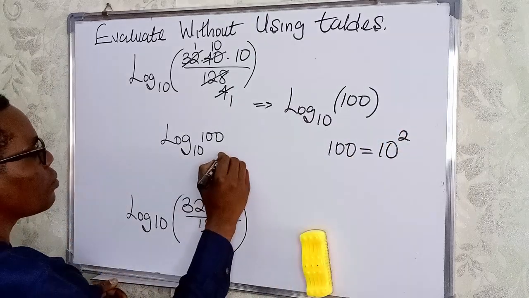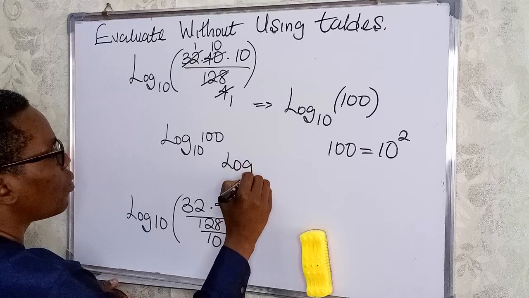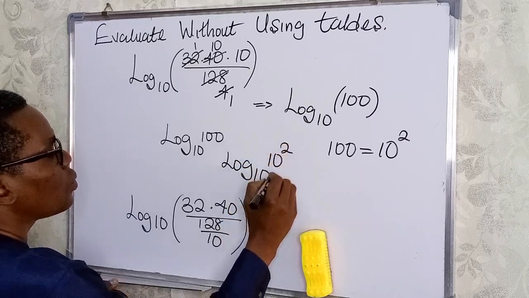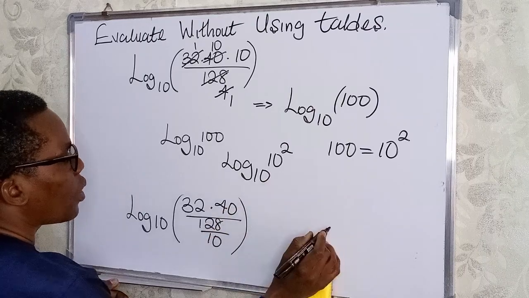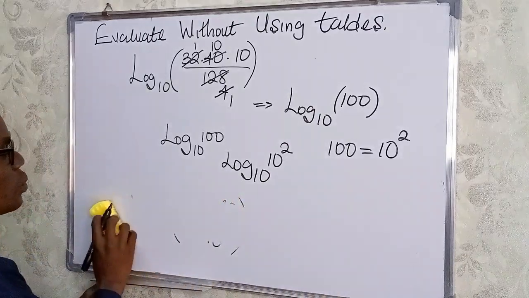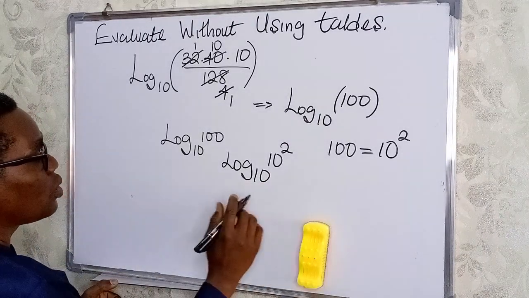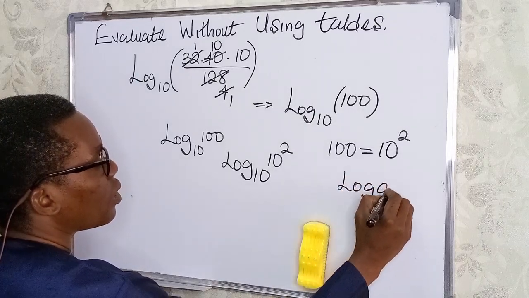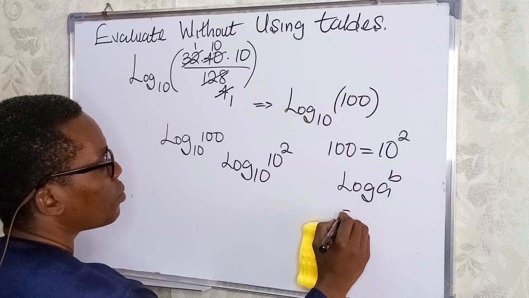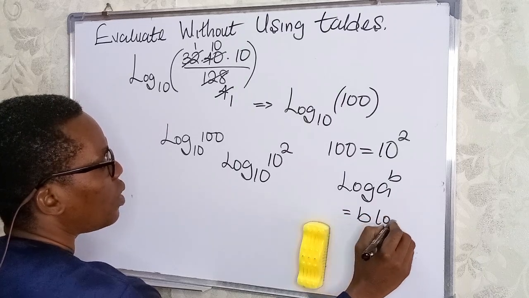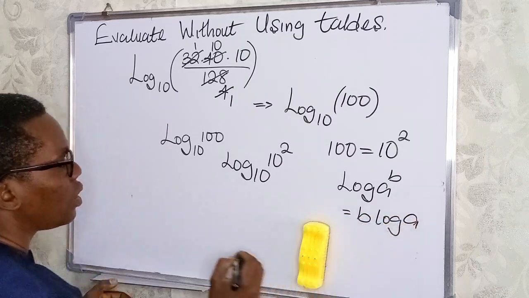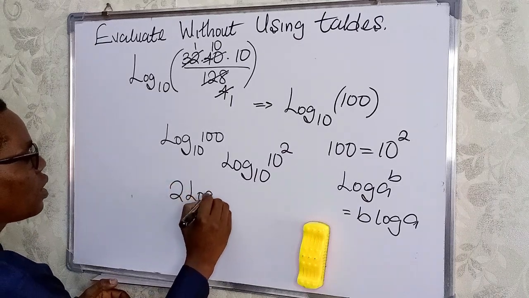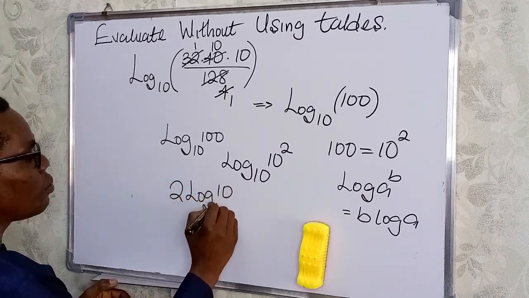So this gives me the log of 10 to the power of 2, base 10. And recall, according to that law of logarithm, if I have the log of a to the power b, this is equal to b log a. So this is going to give me 2 multiplied by the log of 10 base 10.